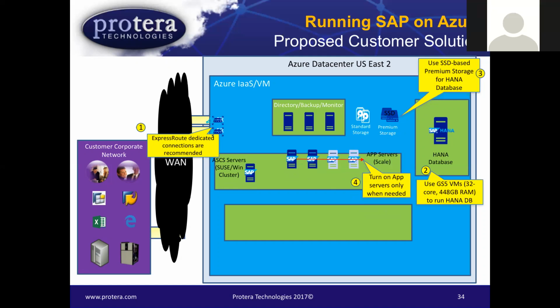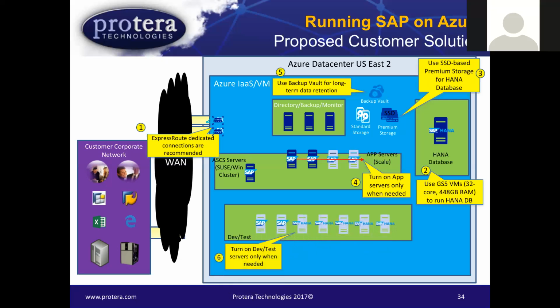There's certainly capabilities here where if you have a seasonal business, we can make that recommendation and take advantage of the Azure cloud. And lastly, we'll make recommendations on backup as well as DR and HA. Those are all additional features here that we can talk to and architect that full solution.